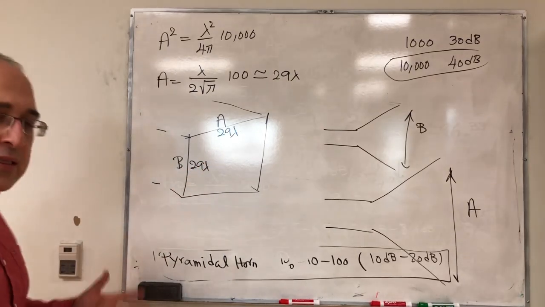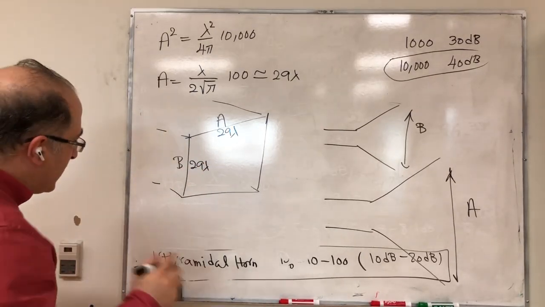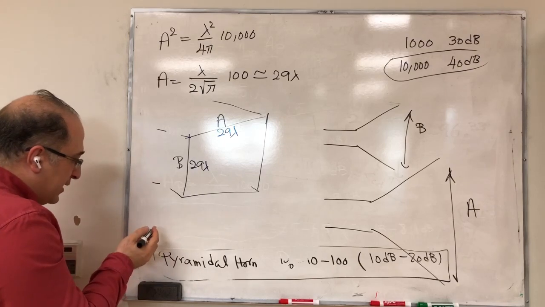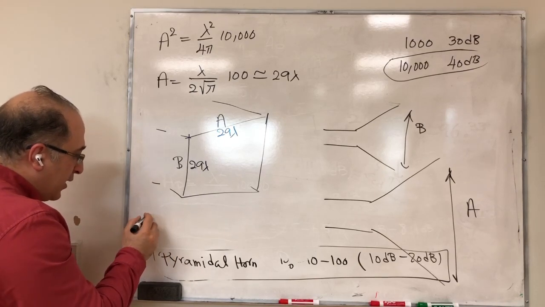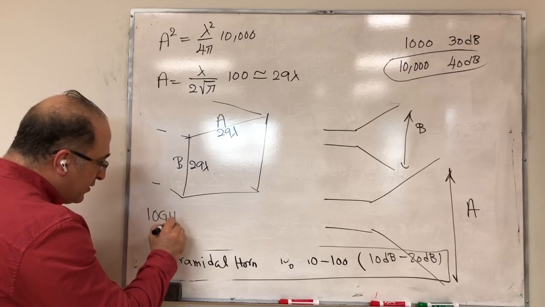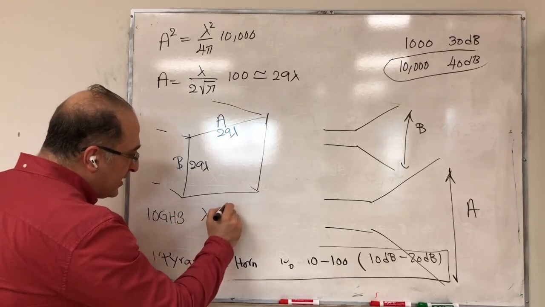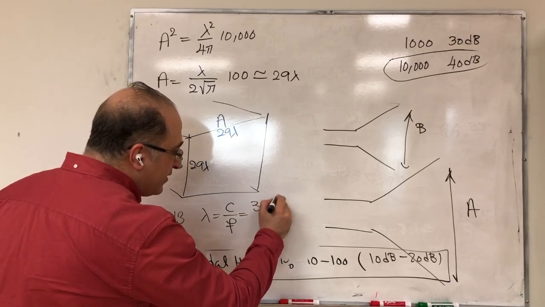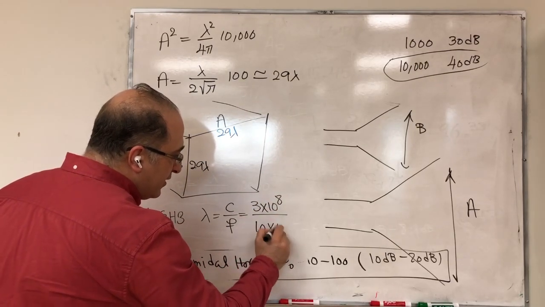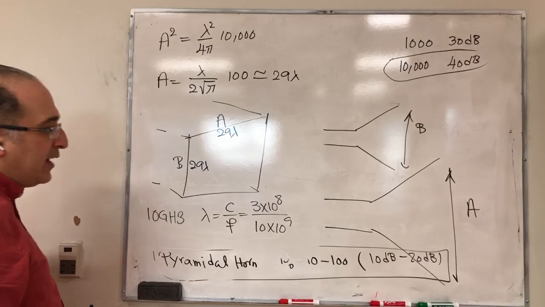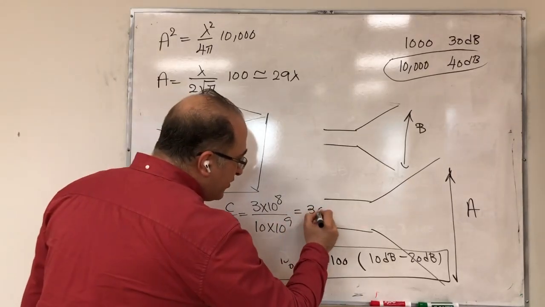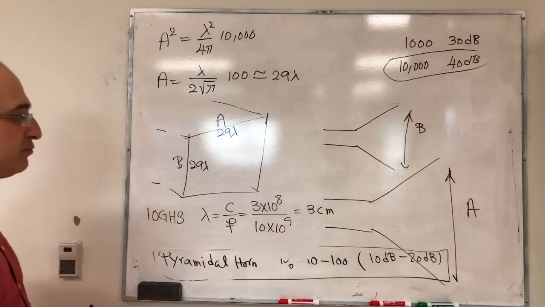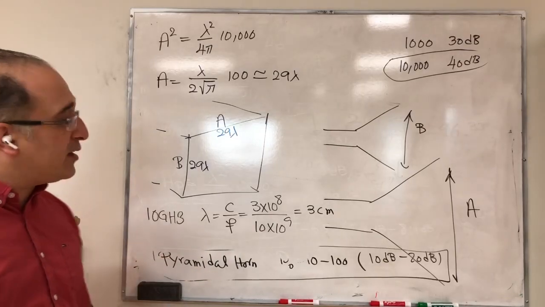Now let's set a frequency. For example, let's say frequency is 10 gigahertz. Then lambda is C divided by F, 3 times 10 to the 8 over 10 times 10 to the 9, and that's going to make it 3 centimeter. So your wavelength is 3 centimeter.